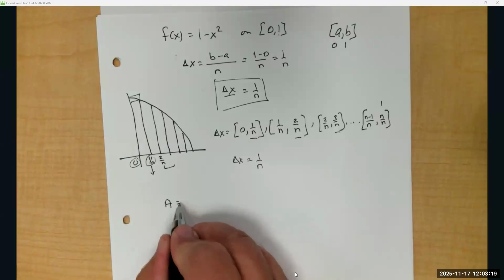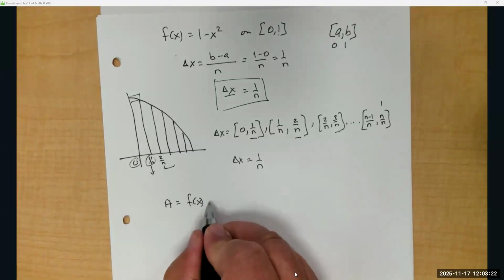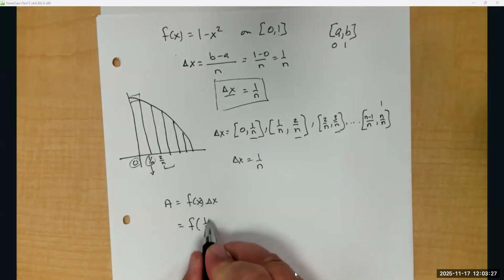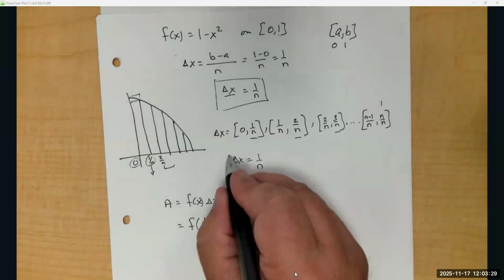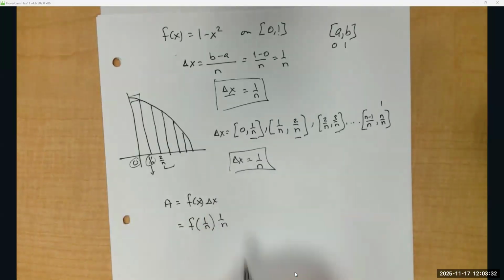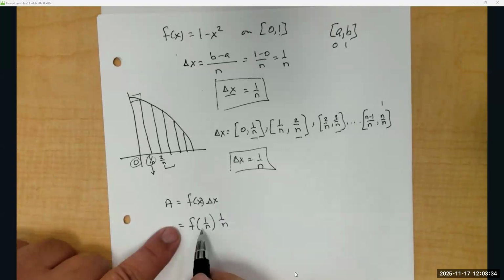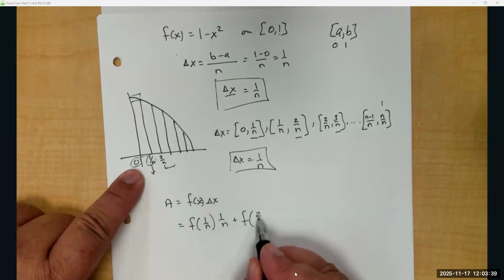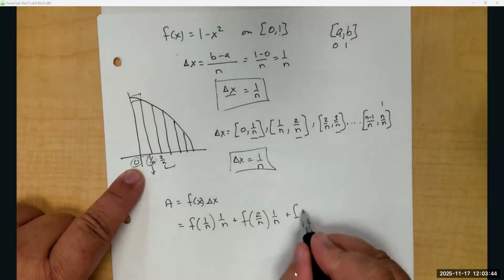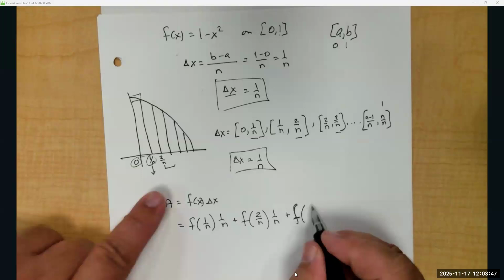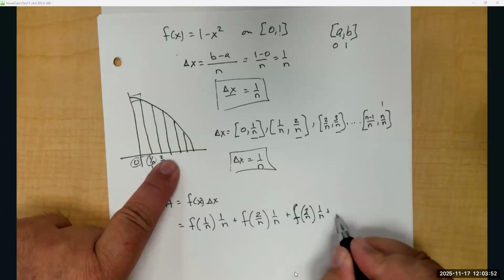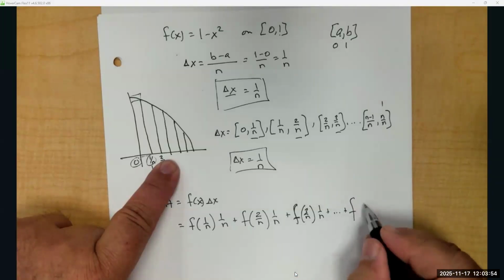Because the area is f of x times delta x, which is f of 1 over n times delta x, which is 1 over n. This is for the first interval. Then for the second interval, we have f of 2 over n times 1 over n plus f of the next one, 3 over n, times 1 over n, and so on and so forth.